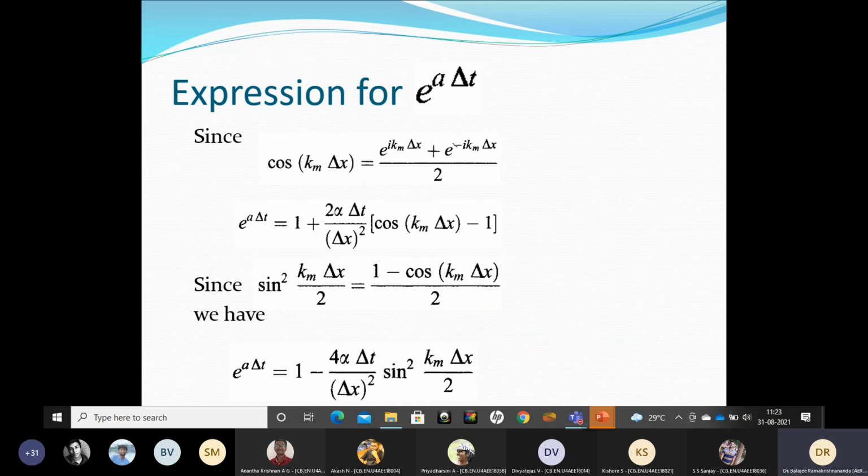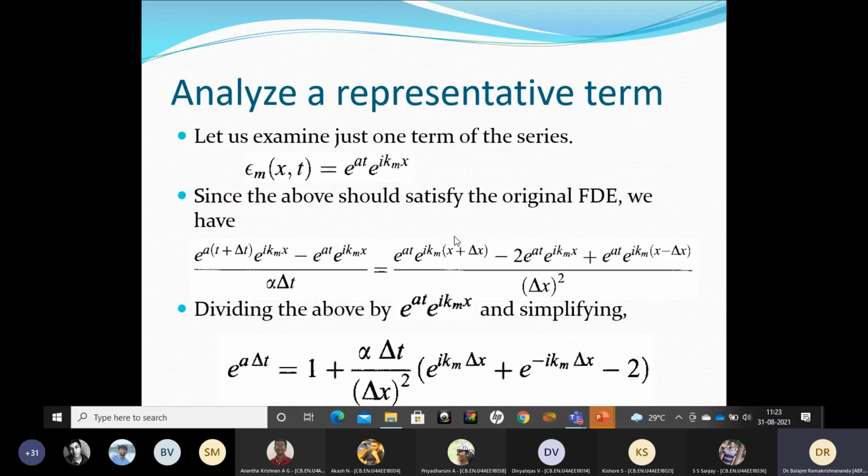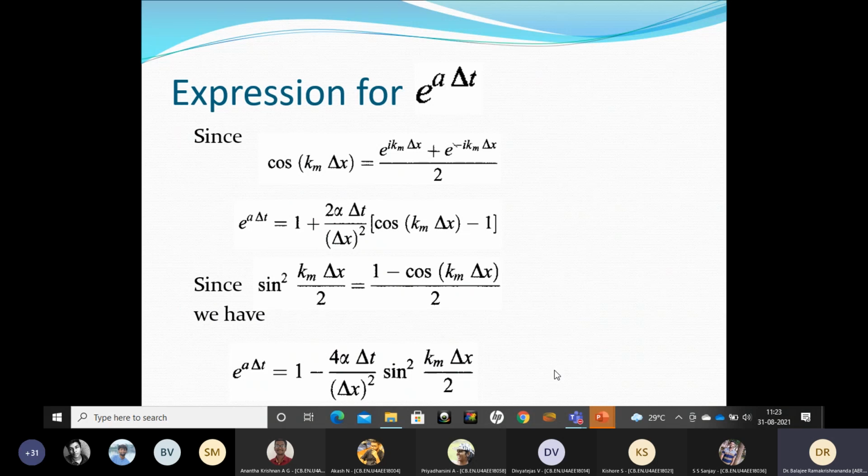Now cos km delta x is actually e power I km delta x plus e power minus I km delta x by 2. If you look at this, this term on the right hand side you can express as cos of km delta x.